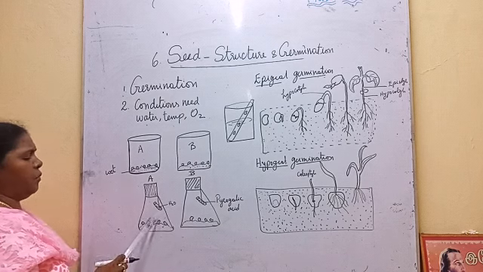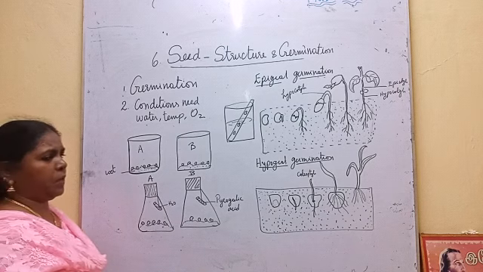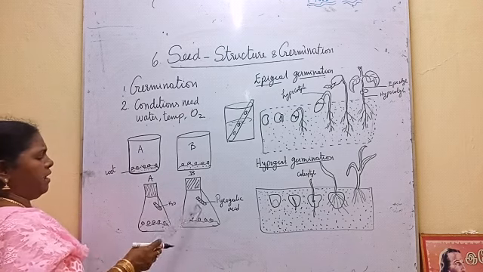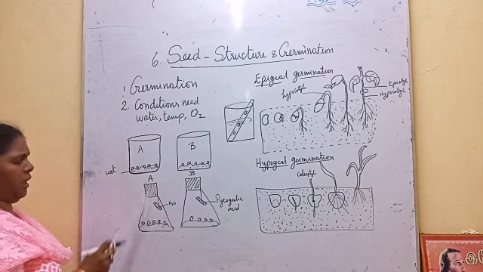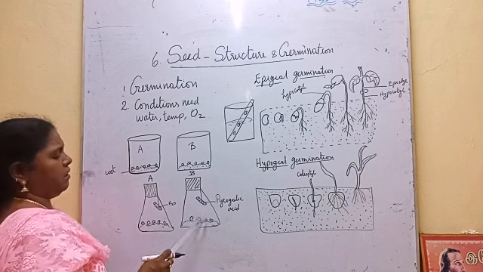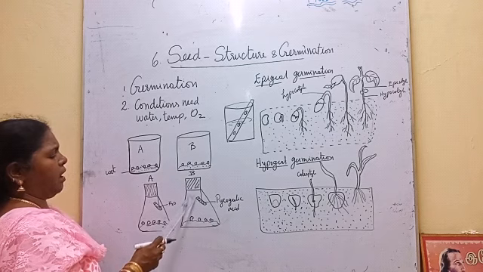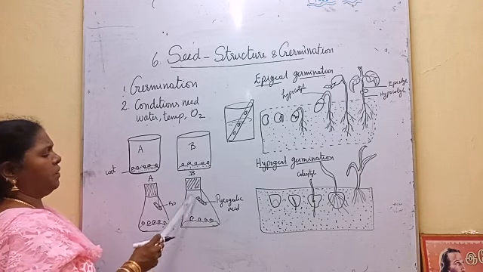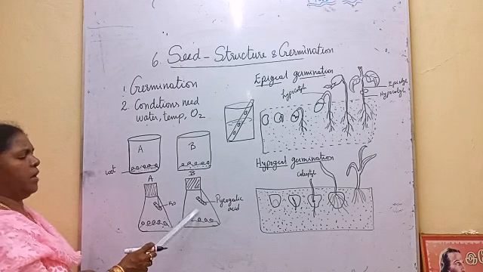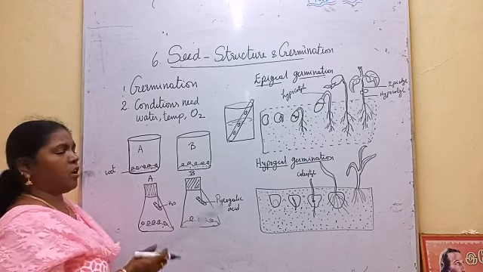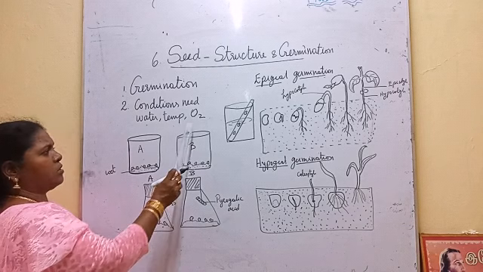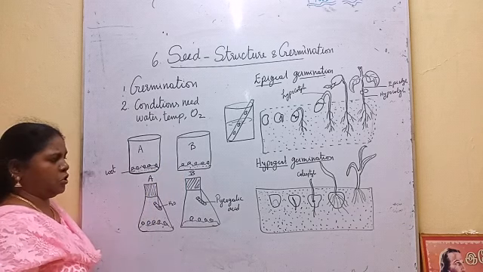So the temperature is favorable, but only the seeds kept in conical flask A will germinate, whereas in flask B the pyrogallic acid absorbs all the oxygen present in the conical flask. So there will not be any oxygen, and due to the absence of oxygen these seeds will not germinate. This shows that oxygen is necessary for germination.